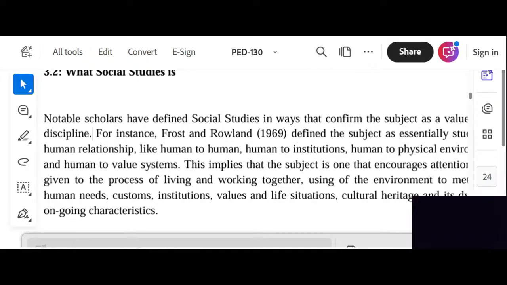You see all those relationships you have with everything, including institutions like your place of work, your school, or if you belong to cooperative societies. How do you relate to them? So your relationship with almost everything you can find yourself relating to is the concern of social studies.